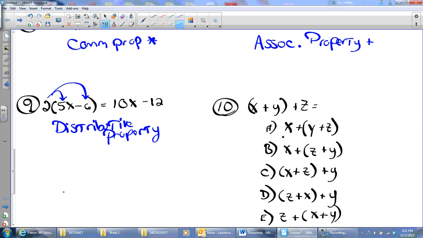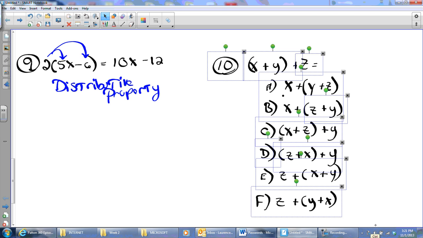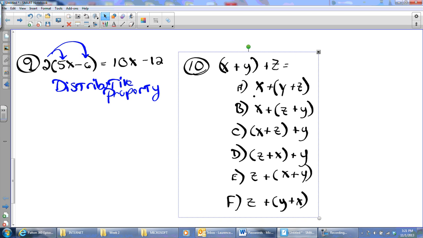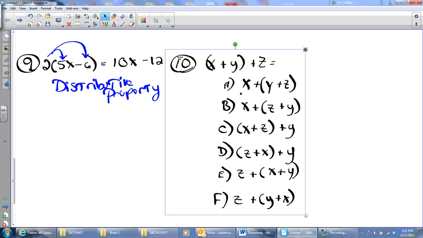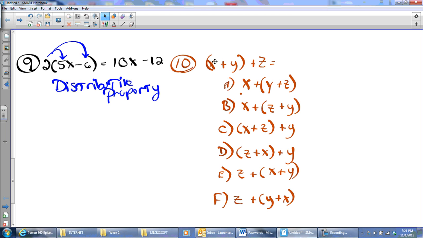Now, problem number 10, I'd like you to write down, there's A through F, and I want you to see if you can name which property has changed, allowed the change to take place. They're going to be different. Just ask yourself, did the grouping change or did the order change? So the first part, you have the quantity of x plus y plus z.